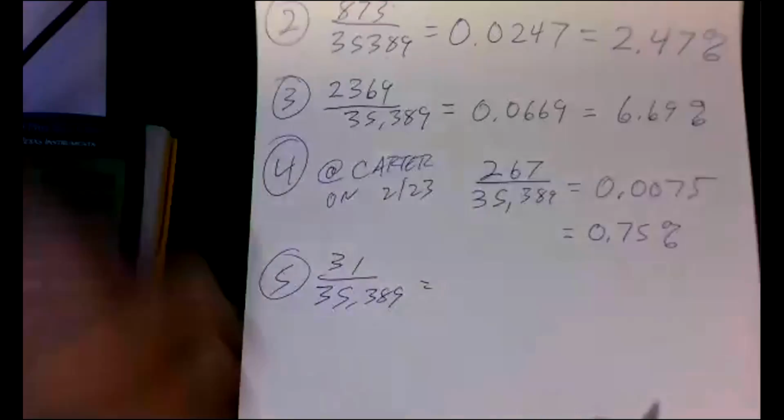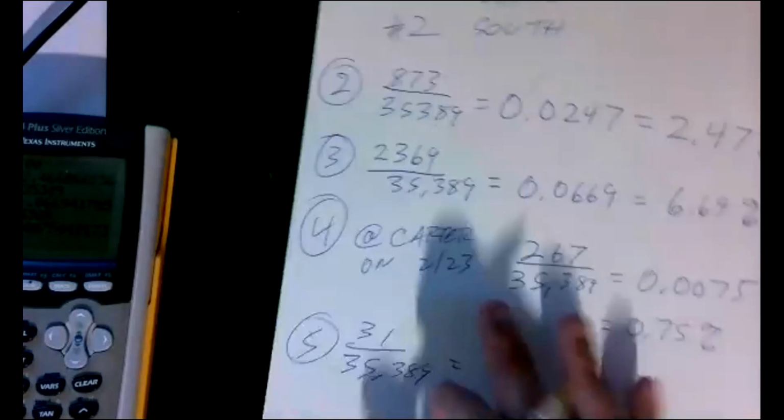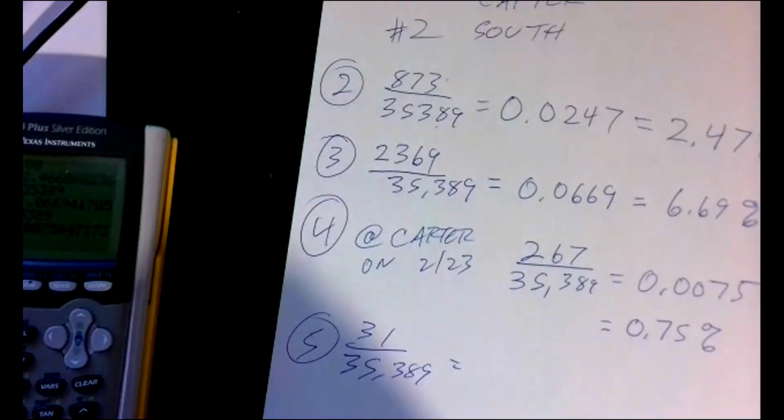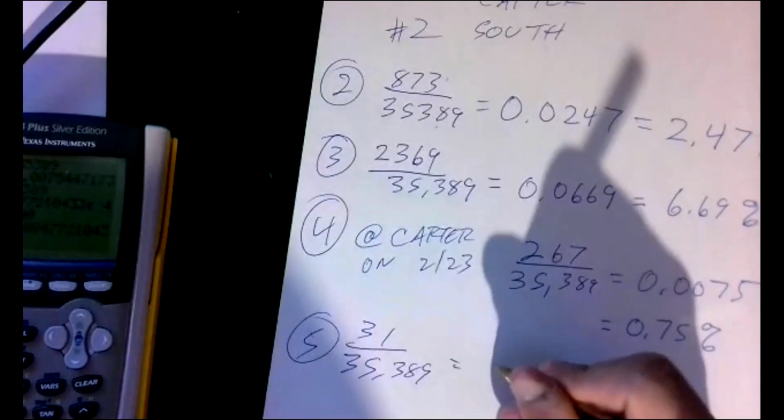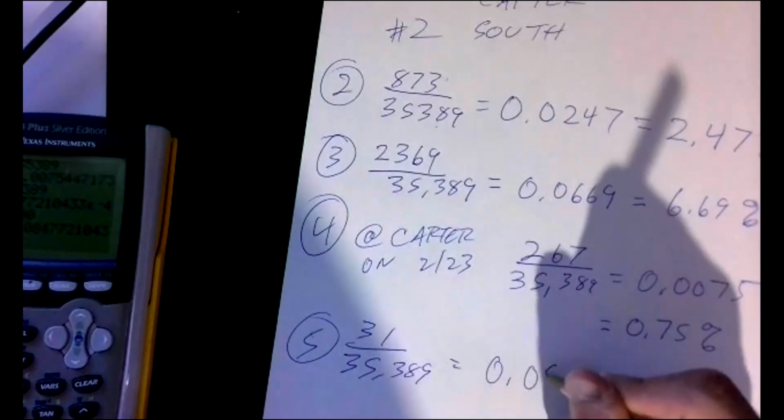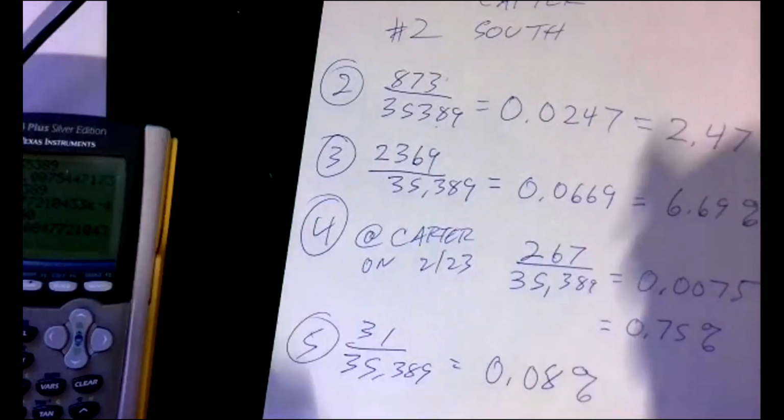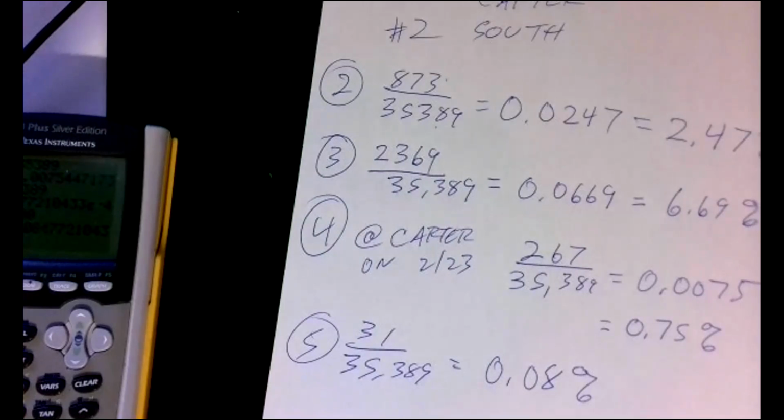So that's 31 out of 35,389, which is 0.08%. Okay, what's next?